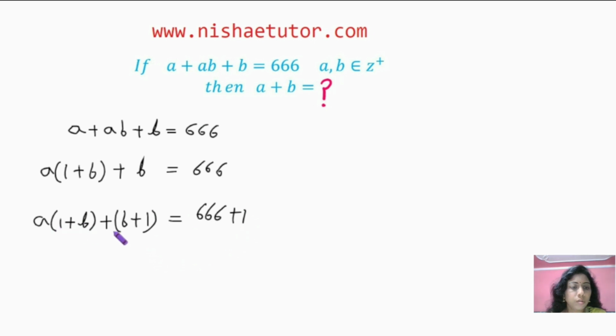Now you can see these two terms, and the bracket portion is the same, so we can take common (1 + b), and here a is left, and here 1 is left. And this is 666 + 1, 667.